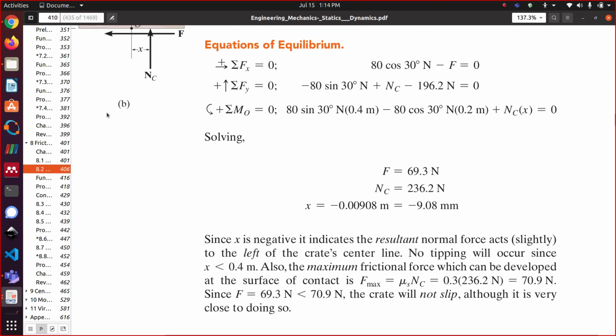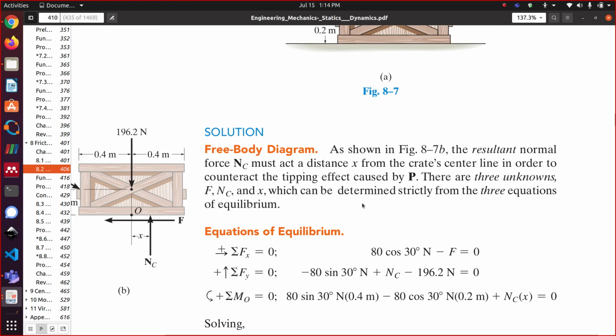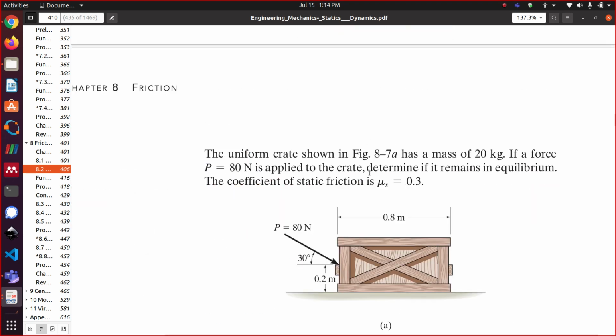So here in this case, F is 69.3, and what is the question? Determine if it's in equilibrium.